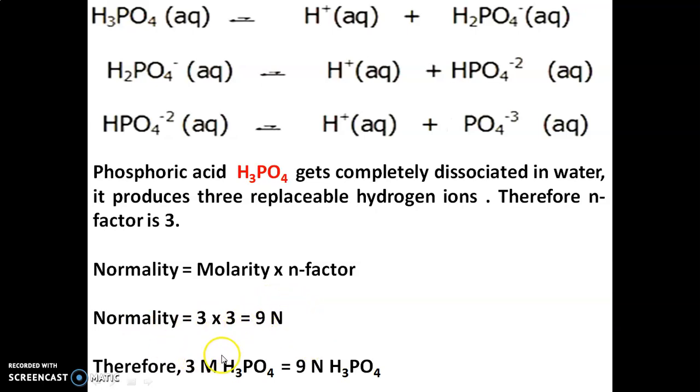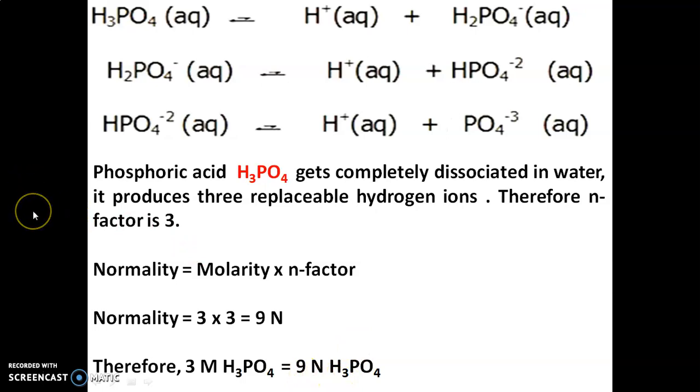Therefore 3 molarity of the phosphoric acid is equal to 9 normality of the phosphoric acid. It is the relationship between normality and molarity in the case of phosphoric acid. Okay, 3M phosphoric acid is equal to 9N phosphoric acid, or 1M phosphoric acid is equal to 3N phosphoric acid.